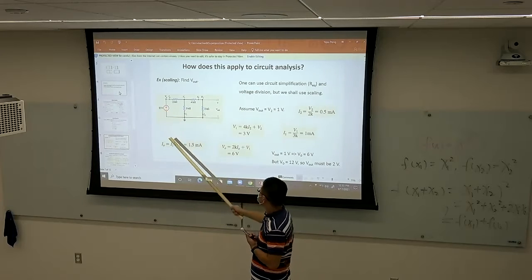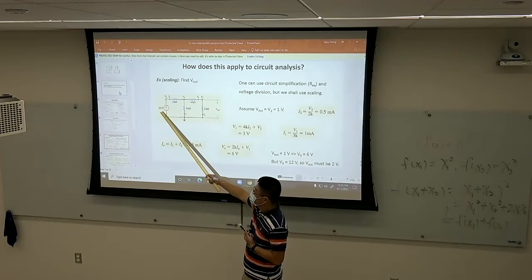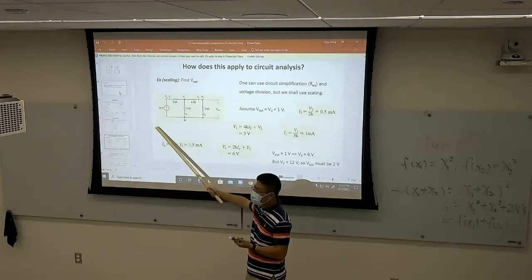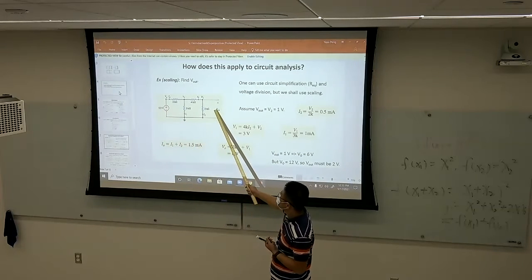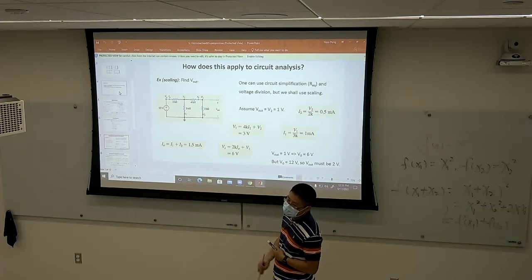The voltage we obtain is 6 volts, but the actual voltage is 12 volts, 2 times. So this means that our assumption should be 2 times 1 volt.